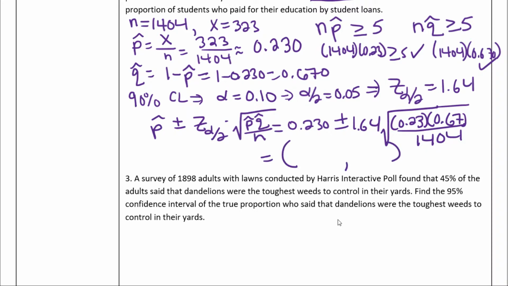Right, and then you can go ahead and calculate the confidence interval. And you can do this all at once on the calculator. But you just have to be careful with how you type it in.